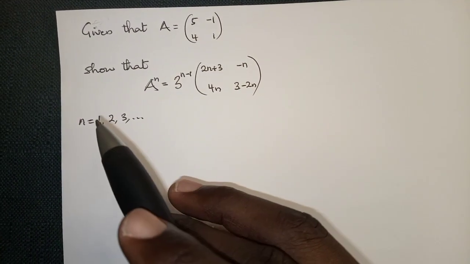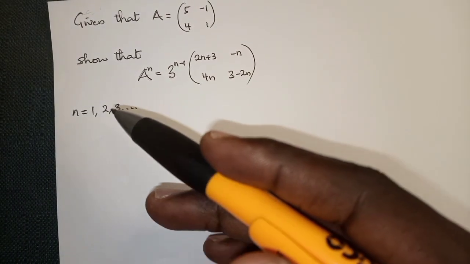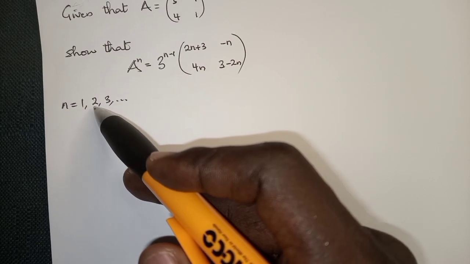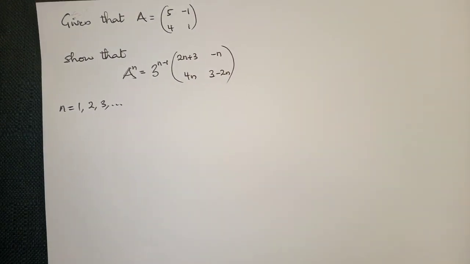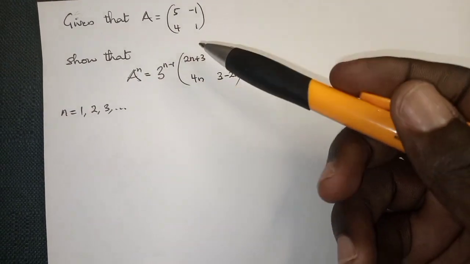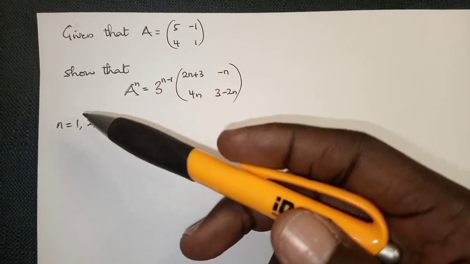First of all, we start by using the values given to us. When n is 1, we first have to check to see if there is truly some connection.